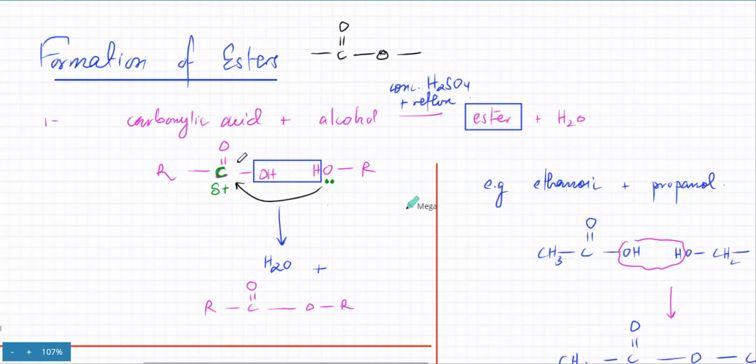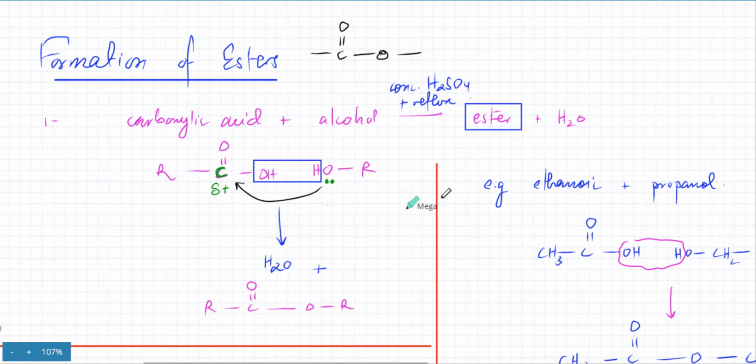But the attraction is not very strong, which is why you need concentrated sulfuric acid and a reflux as well. The alcohol OH has lone pairs, and those get attracted to the positive carbon, and the H and OH get repelled and end up forming water molecules.